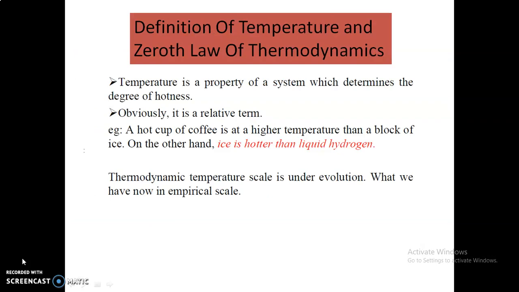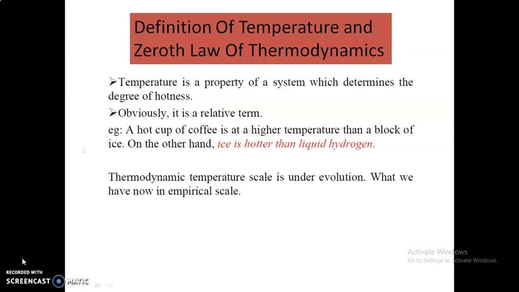Now, temperature and the zeroth law of thermodynamics. Temperature is a property of a system. Already we have seen that temperature is one of the properties of the thermodynamic system, which determines the degree of hotness. Obviously, it is a relative term.